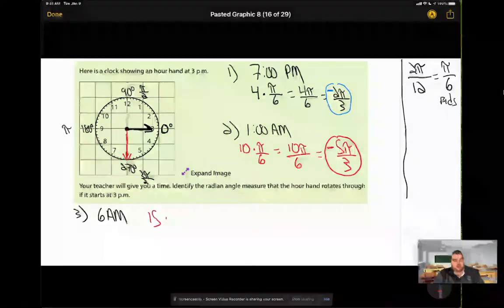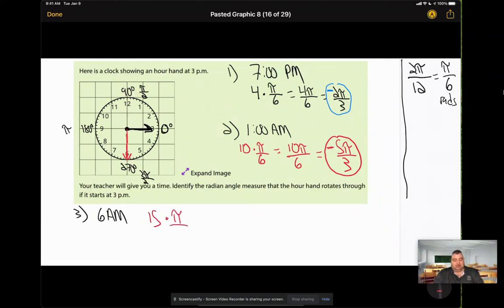Okay. Each spot is worth pi over 6 radians. So when I put that together, that's going to be 15 pi over 6. Okay.